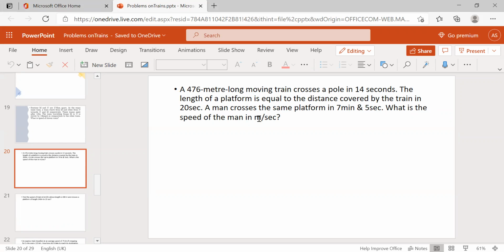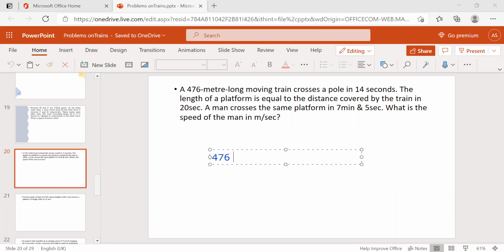Now, if you know the platform distance, then distance by time equals speed, right? So take the first thing they gave in the data. The train length, 476, and it crosses a pole in 14 seconds.